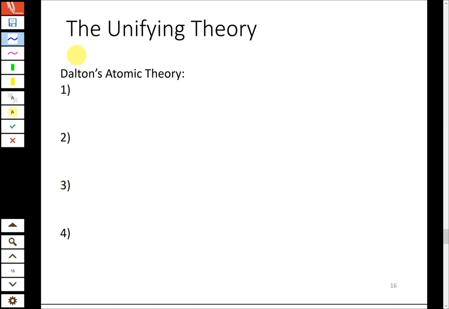So Dalton's atomic theory, the first part of it is that substances are composed of tiny particles called atoms. Surprisingly, the atomic theory involves the existence of atoms.